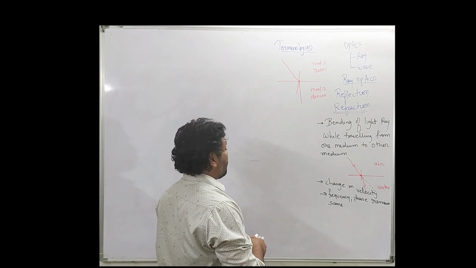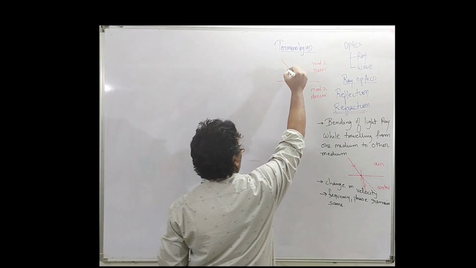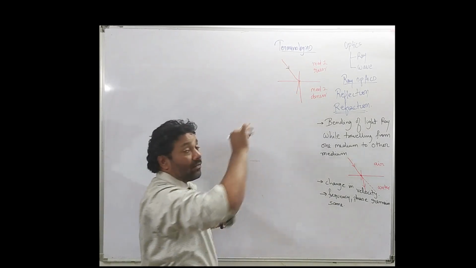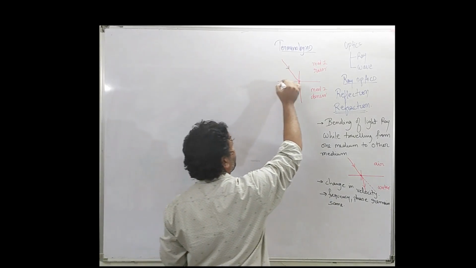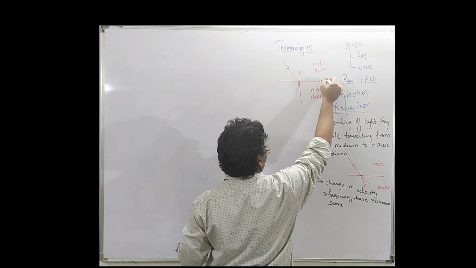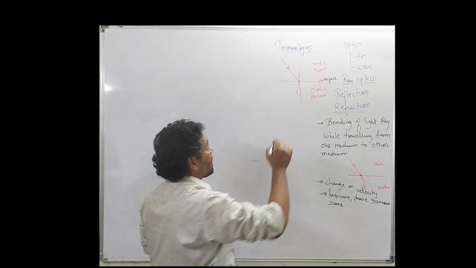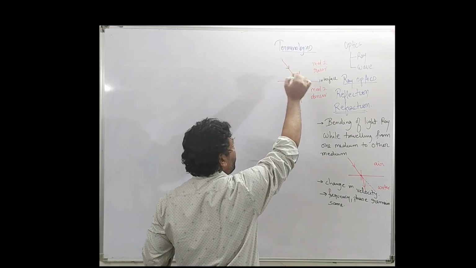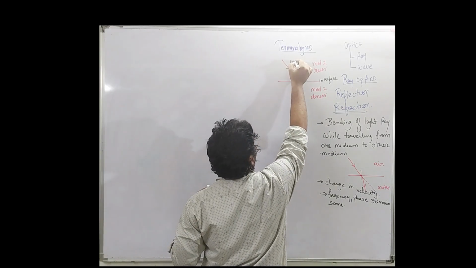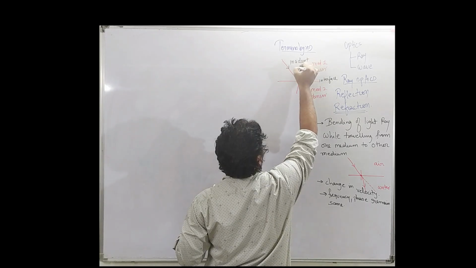With reference to this diagram, this ray of light which is traveling towards the interface, this is called the interface. The interface is a boundary which separates the two media. The ray of light traveling towards the interface we call the incident ray.